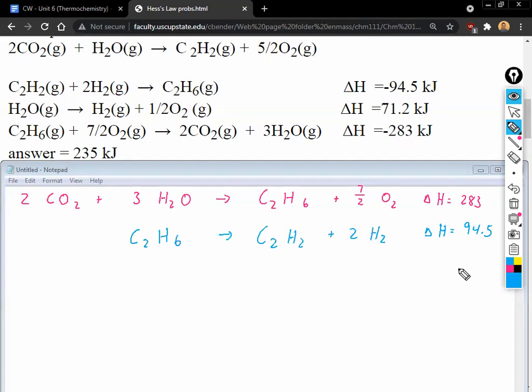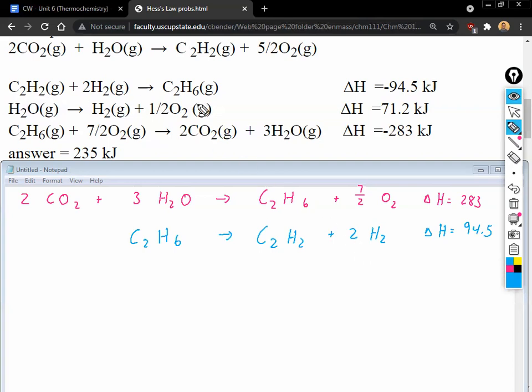Okay, so we have basically everything we want on the correct sides, but we want to make sure that we use all the equations since we're going to have to use it. Now, if you guys notice on the right side, we only want C2H2 and O2, okay? But if you take a look at the equation right now, it looks like H2 is the kind of outlier that's hanging out. We don't want H2 on the right side, so we want to get rid of it.